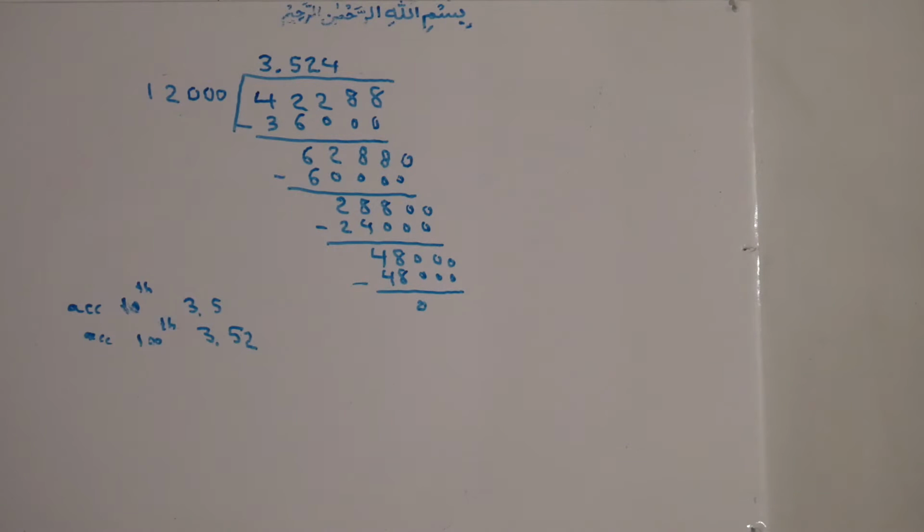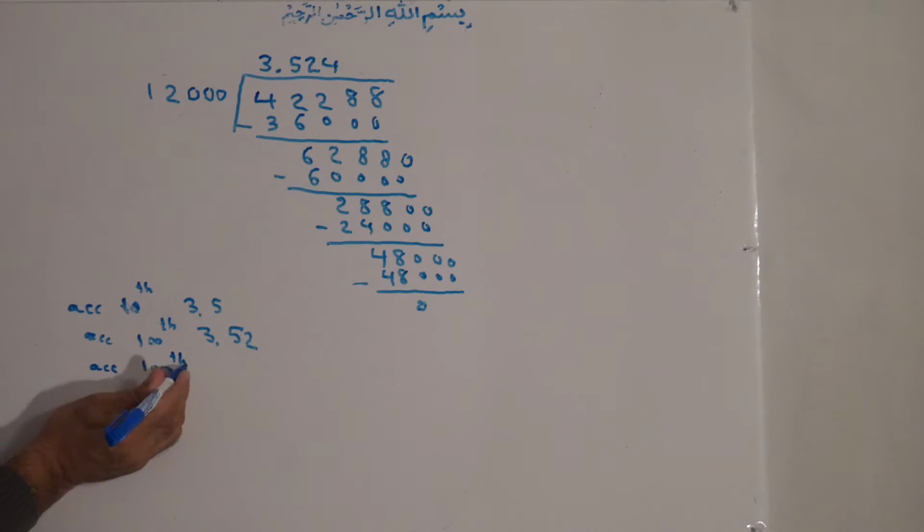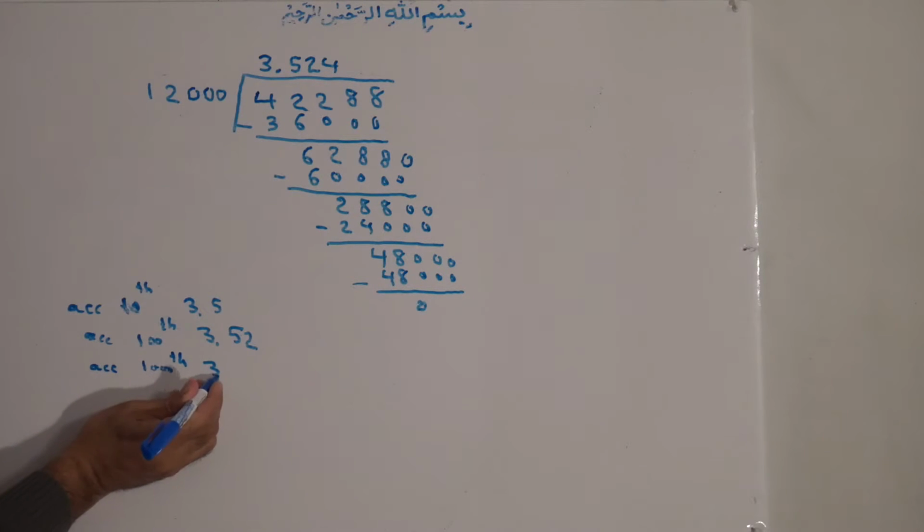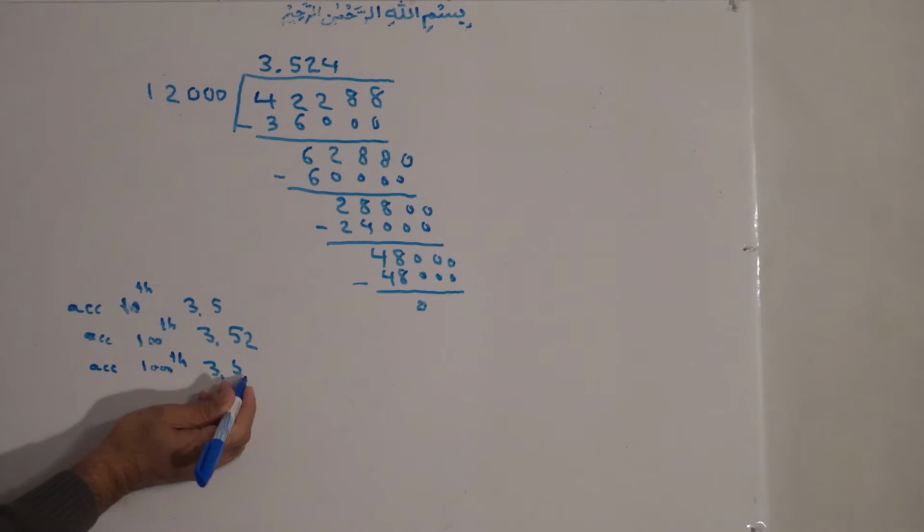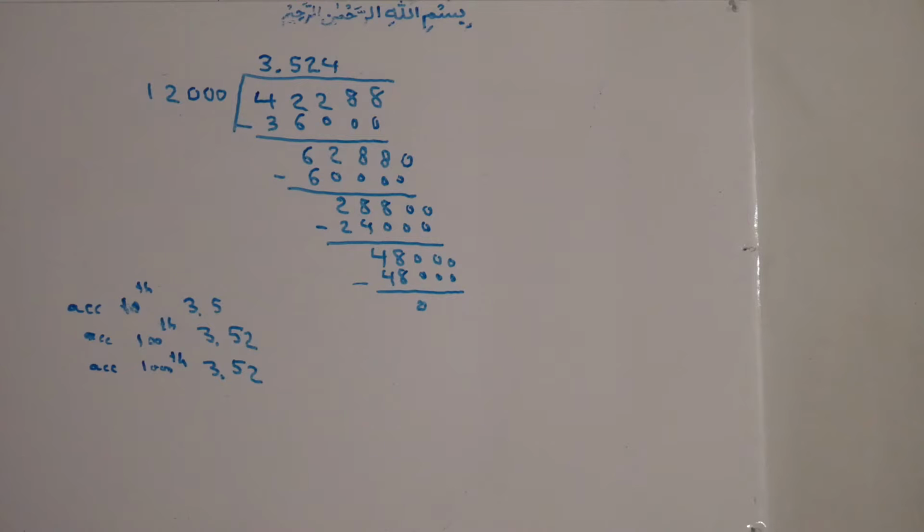If you want the accuracy of 1000, it should be 3.524. With no accuracy specified, we just write the real number, the whole number.